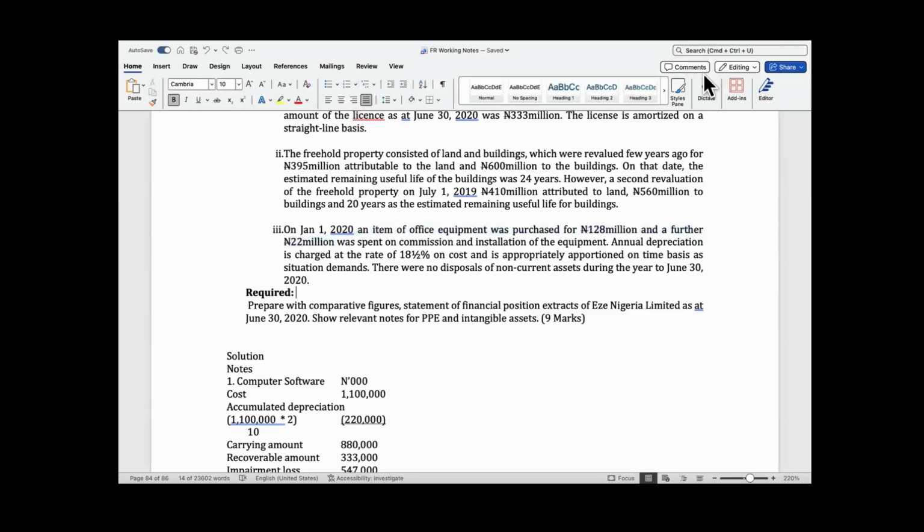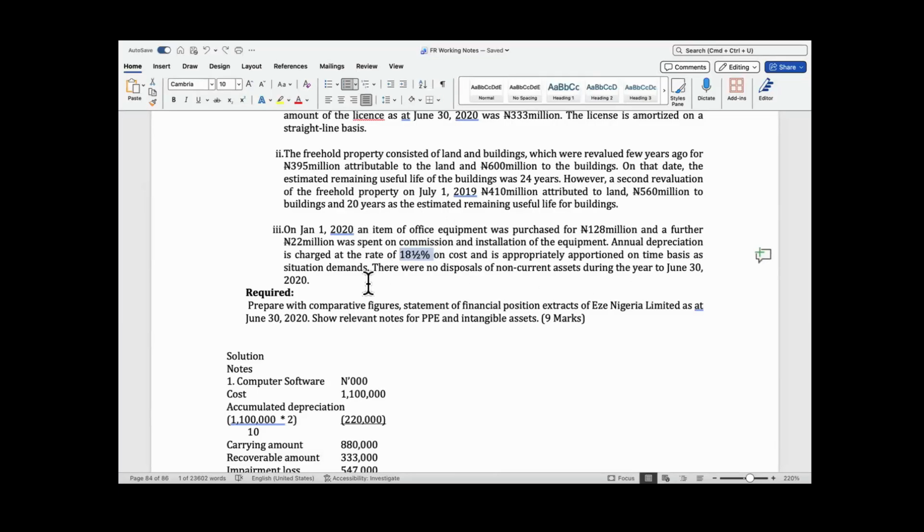This third one is talking about an item of office equipment that was purchased for 128 million and a further 22 million was spent on commission and installation of the equipment. Annual depreciation is charged at the rate of 8.5% on cost and is appropriately apportioned on time basis as situation demands. There was no disposal of non-current assets during the year end.